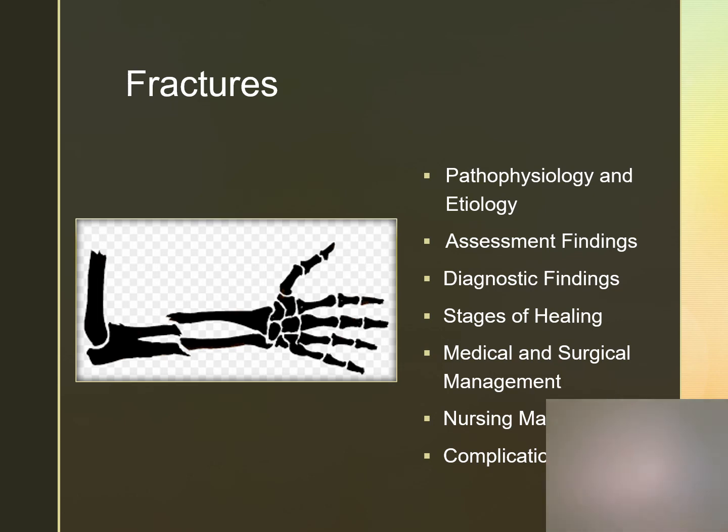Complications of fractures include shock, a fat embolism, a pulmonary embolism, compartment syndrome, and delayed bone healing, which is failure of the bone to heal at the expected rate, although we do need to realize that older adults may heal at a slower rate.